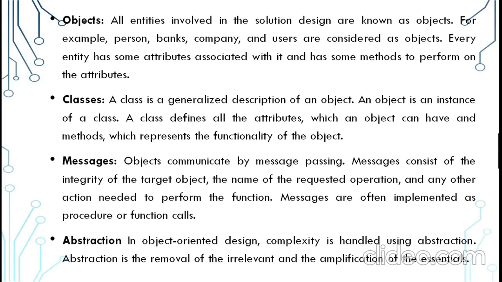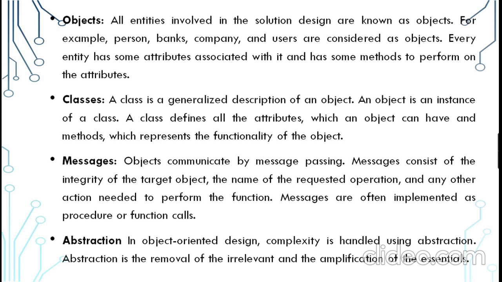Messages are often implemented as a procedure or a function call. Similarly, abstraction in object-oriented design reduces the complexity. Abstraction is the removal of the irrelevant and implied data from the design.